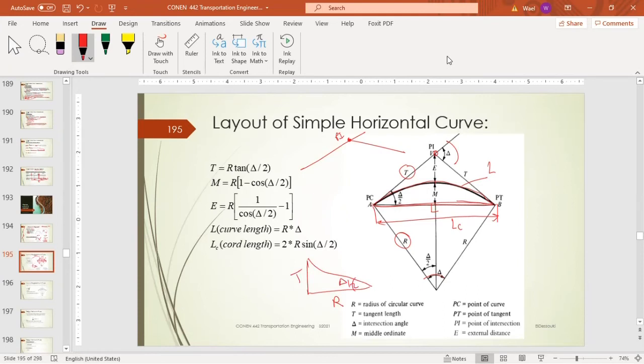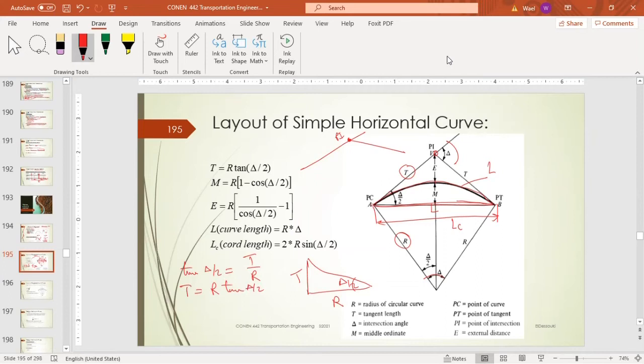So of course, tan of delta over 2 equals what? T over R. That means the tangent equals R tan delta over 2.